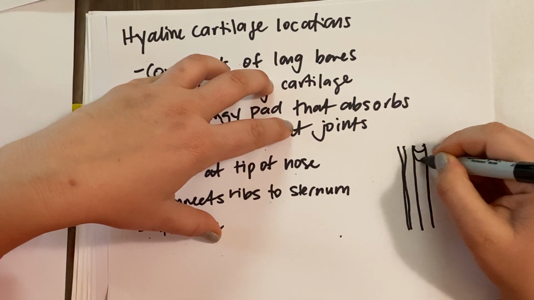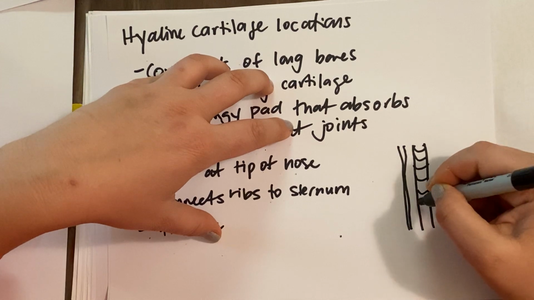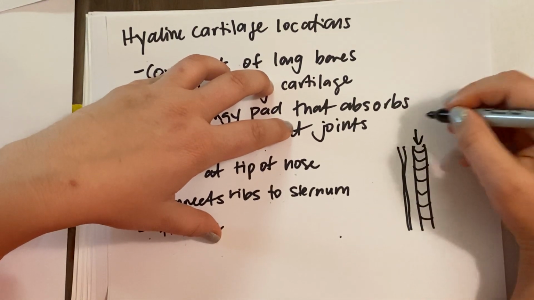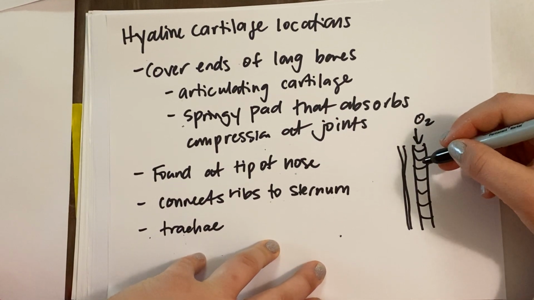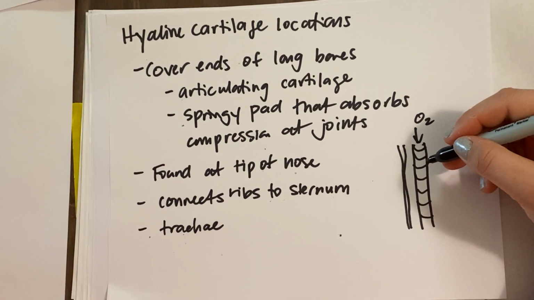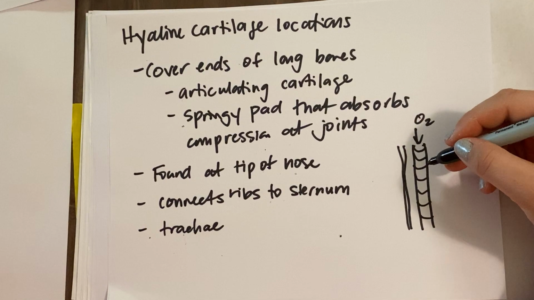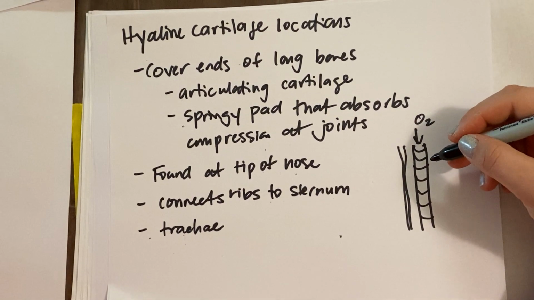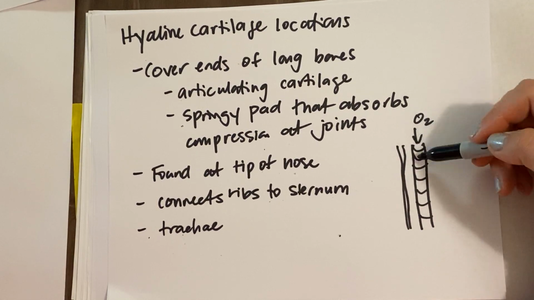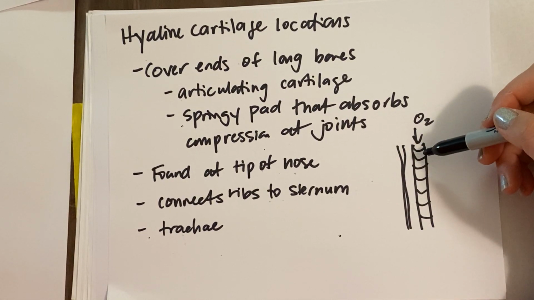So the hyaline cartilage will be around the trachea, keeping it open so that air can go in and not have it collapse. If you feel your neck, you can feel some of that cartilage and support on the actual trachea. It obviously cannot support enormous amounts of compression, and it can break if you're hit in the right spot, but it does a really good job of keeping that area open.